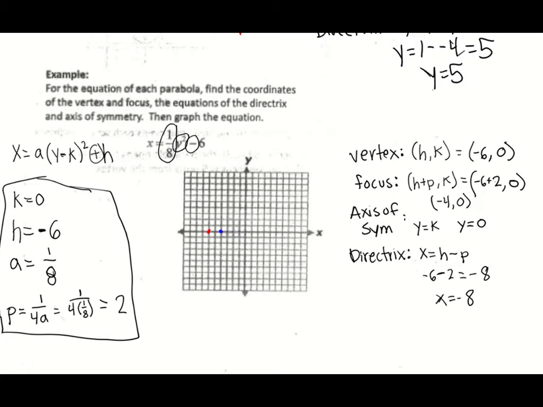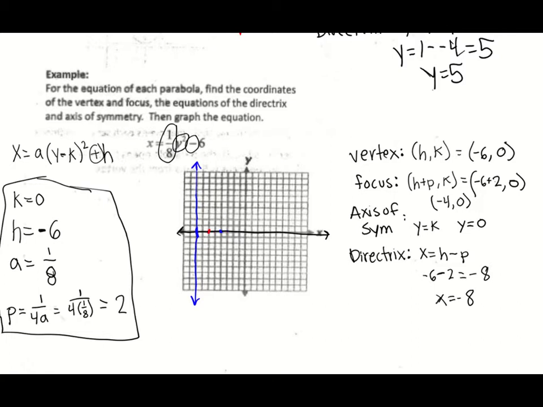My axis of symmetry is y equals 0, so that means this right here, where y equals 0, is my axis of symmetry, and my directrix is at x equals negative 8. So I have 1, 2, 3, 4, 5, 6, 7, 8. X equals negative 8 right here, so I can extend that out. This is my line, x equals negative 8.